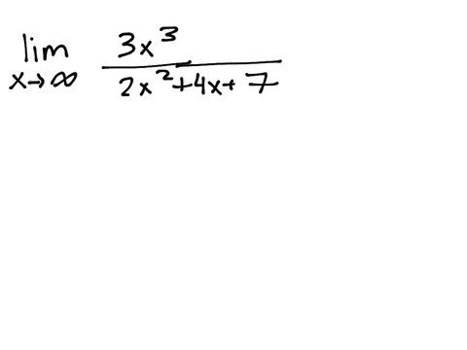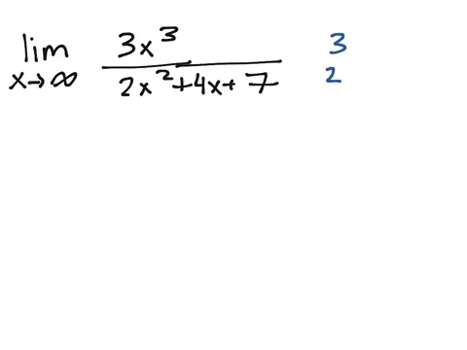we can use the same thing for this problem right here. So we first find the degrees. The degree of the numerator, the highest exponent, is going to be 3, and the degree of the denominator, the highest exponent, is going to be 2.